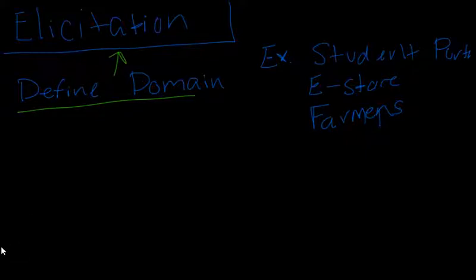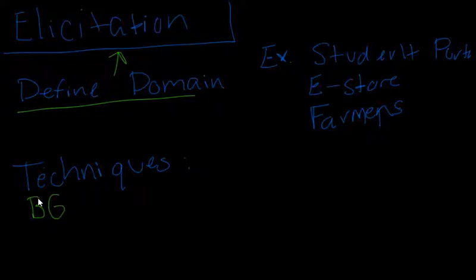Now there's several different ways you can accomplish elicitation. And what we're going to do is go over each of those different elicitation techniques. So we have our techniques. And these techniques are going to be background reading, which I'm going to abbreviate as BG reading.